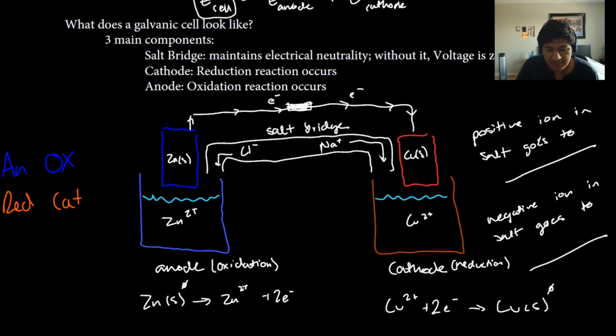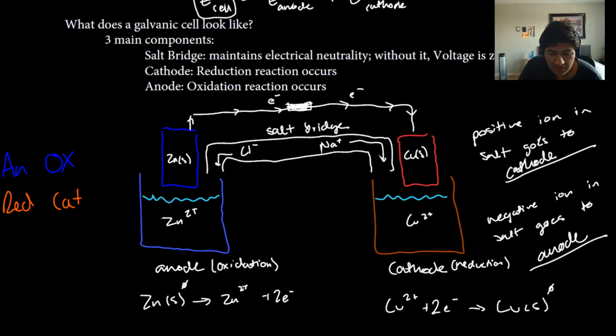So to keep that voltage, we developed a salt bridge where the anions of the salt go towards the anode, and the cations of the salt go towards the cathode. That's pretty easy to remember, right? So over here we can write positive ion in salt goes to cathode, while negative ion in salt goes to anode.